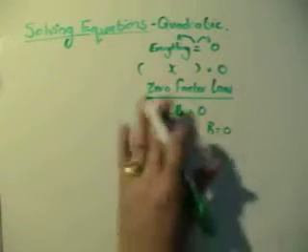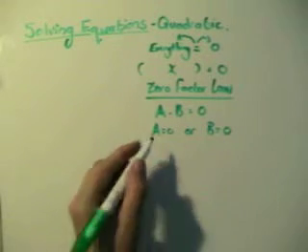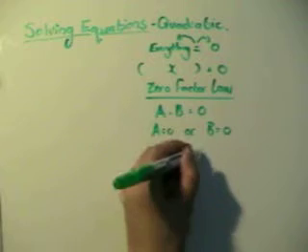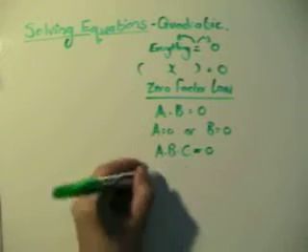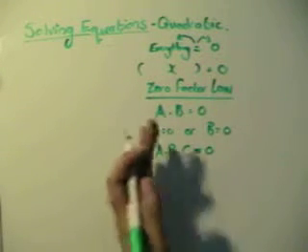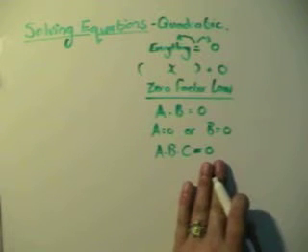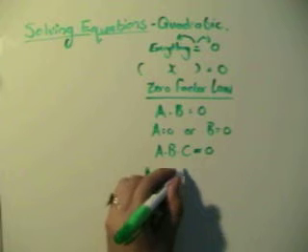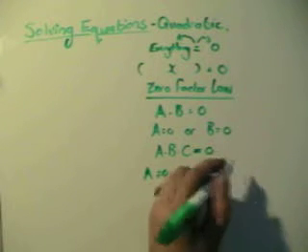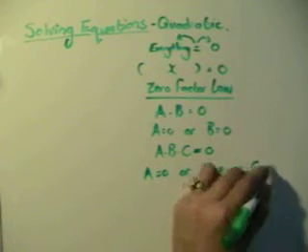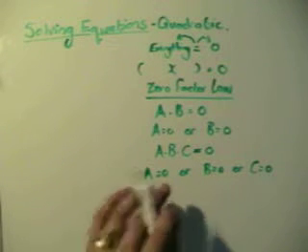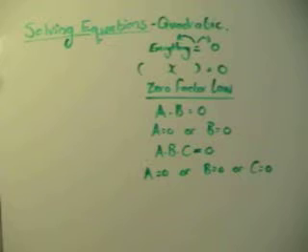And this applies also when you have more than two things. Say for instance I have a times b times c equals 0. If I have 3 things multiplied with one another and it gives me 0, I know that a must be 0 or b must be 0 or c must be 0, but one of these things must be 0. And this is the 0 factor law.